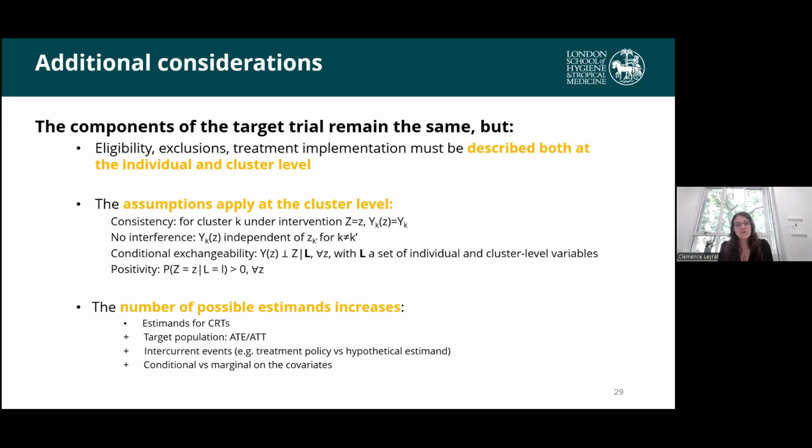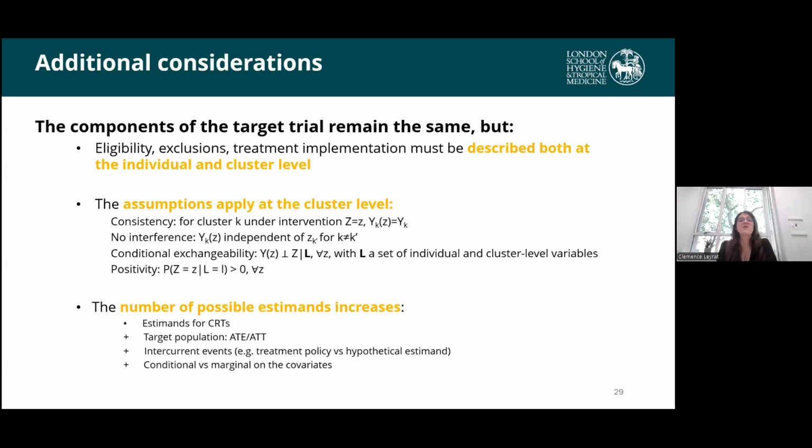Here we need to have basically all the individual level and cluster level confounders measured and appropriately accounted for in the analysis. And the last one is the assumption of positivity. So given a set of variables, the probability of being exposed to any intervention level is non-zero. And again, it's something we can think about at the design stage.